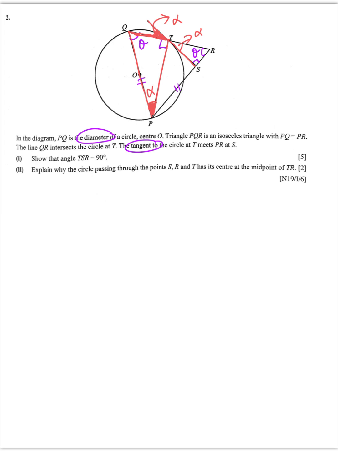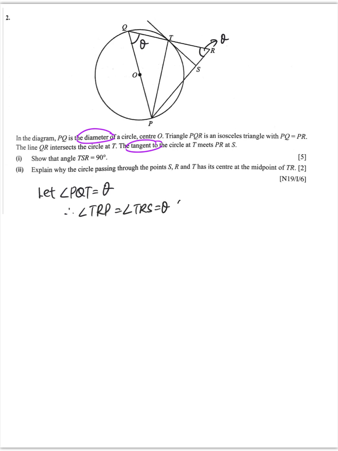Okay, so you're going to start writing it out. I'm going to clean all this out. Okay, so first of all, you let this be theta. So let angle PQT equal to theta. So therefore angle TRS or TRP, which is equal to angle TRS, is also equal to theta.